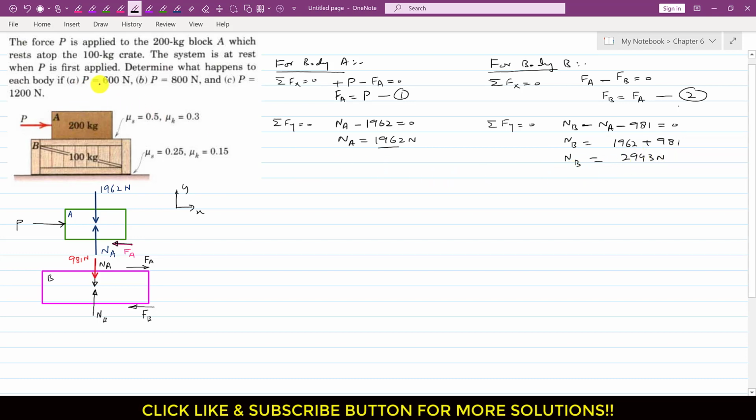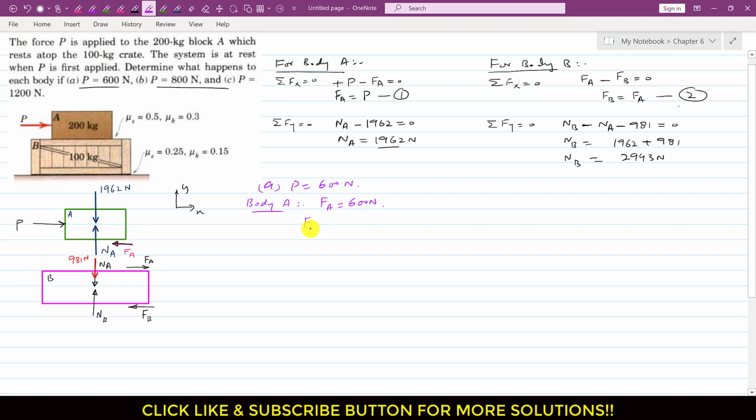Now we will consider these three cases. Let's say for case A, when P is equal to 600 newtons, for body A, if I put P equal to 600 newtons in equation 1, this means that Fa is equal to 600 newtons. The friction force on block A will be equal to 600 newtons.